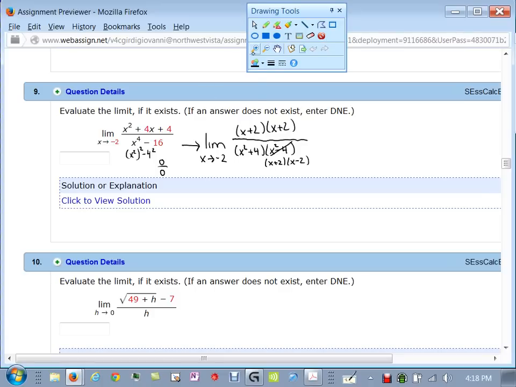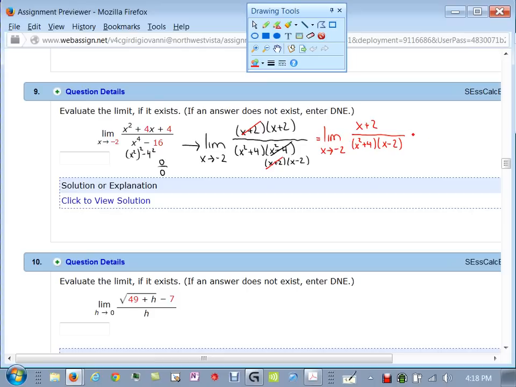And now what you'll see is one of these factors cancels right there and right there. So what you're left with is the limit as x approaches -2. Let's see, x plus 2 on top. On the bottom, you have x squared plus 4 was still there, and then we still had an x minus 2 there.